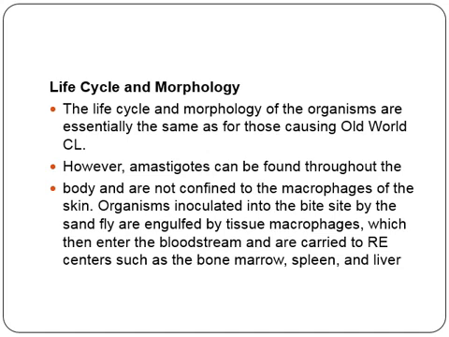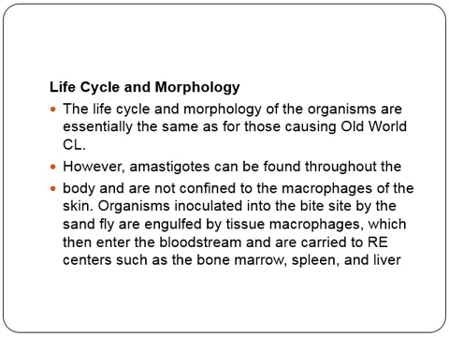Life cycle and morphology of Leishmania donovani, or visceral leishmaniasis. The life cycle and morphology are essentially the same as those causing Old World cutaneous leishmaniasis. However, amastigotes can be found throughout the body and are not confined to the macrophages of the skin.